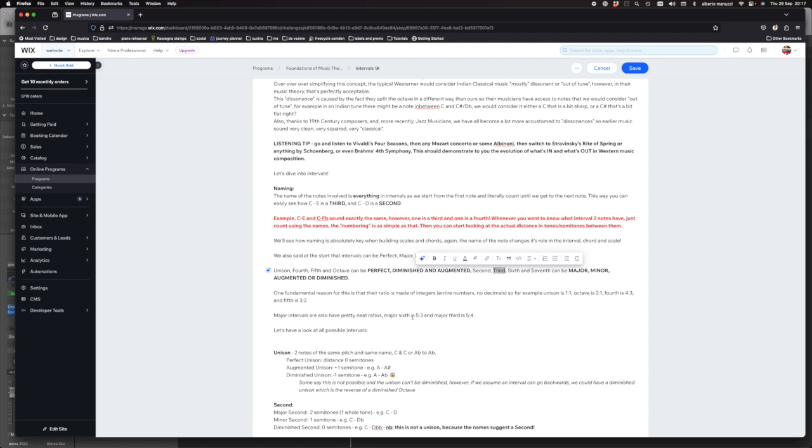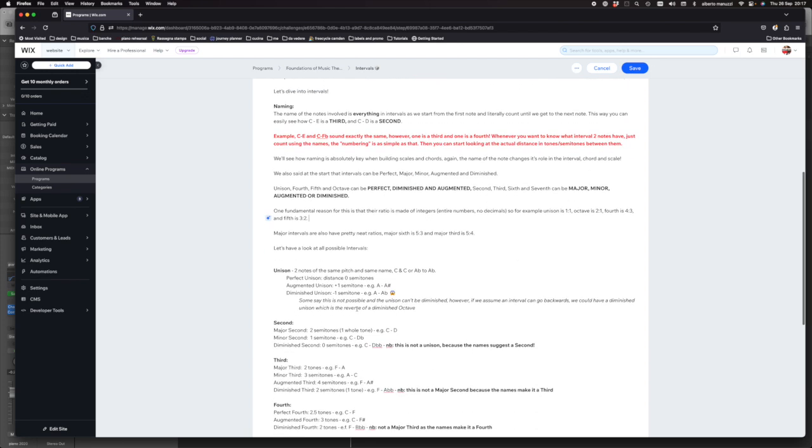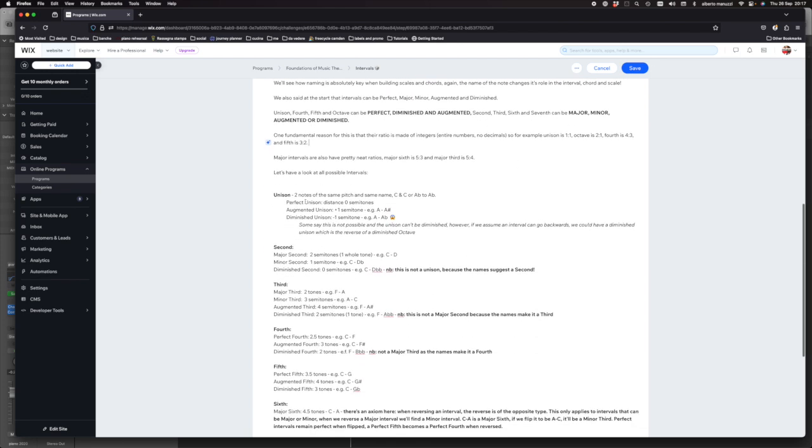Anyway, it's all explained here. Unison: we covered the unison because a perfect unison is the same note, but you could have an augmented unison, which is one semitone, A to A sharp, or diminished, A to A flat.